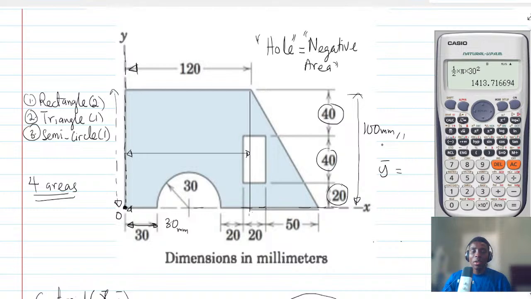If you want to get the y bar, you divide by 3.